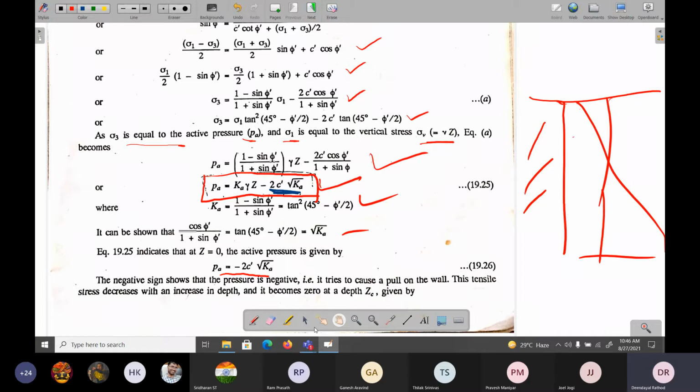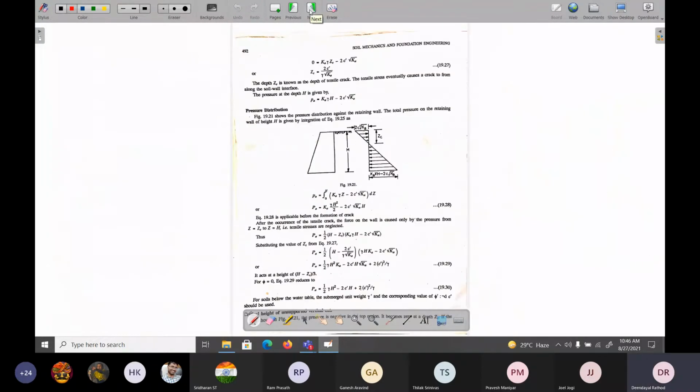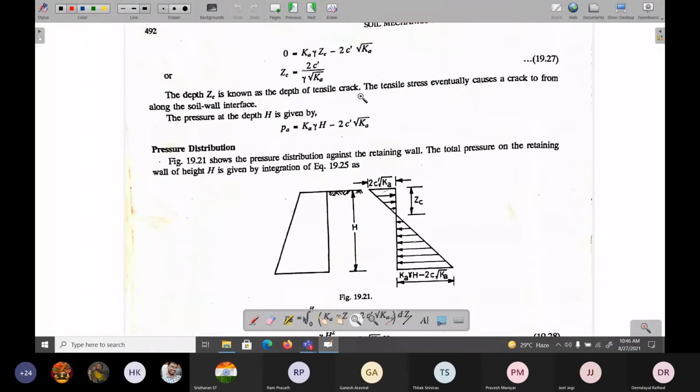This tensile stress decreases with increasing depth, and it becomes 0 at Zc. That means this particular thing is negative, and somewhere it would be 0. Where would it be 0? It would be 0 at Zc.